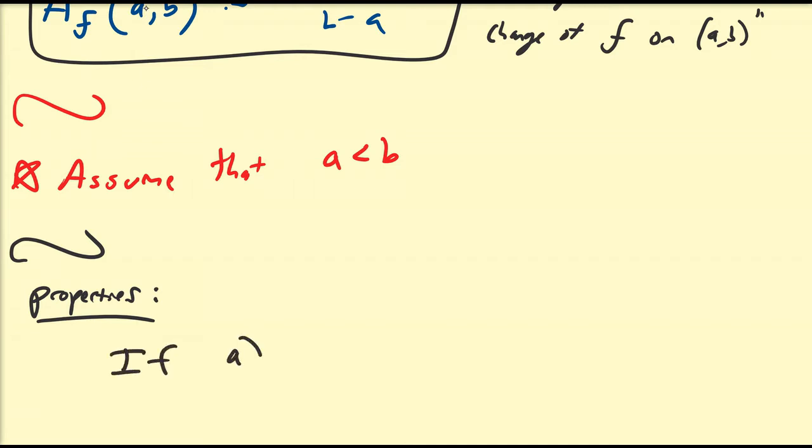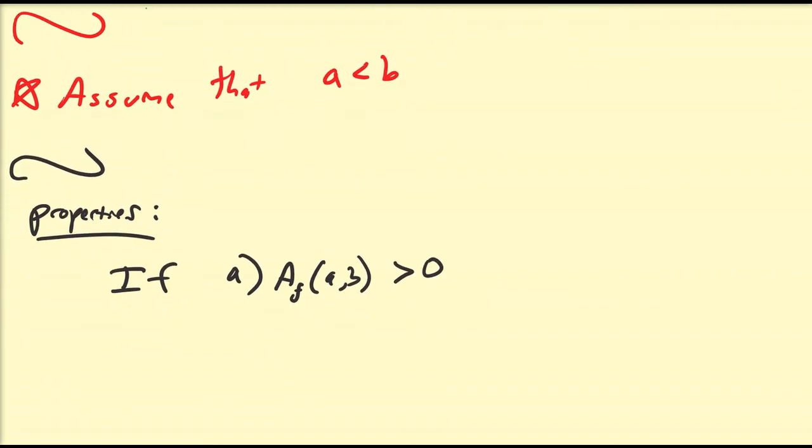So case A, the average rate of change of f on a b is a positive number. What type of picture would this correspond to? We have this curve. Let's choose this point and that point. The line that would pass through them is this line. Therefore the average rate of change of f on this interval a b would be a positive number since it's increasing. Is this function always increasing? Definitely not, because we can see some area for which this function is going downwards from left to right.